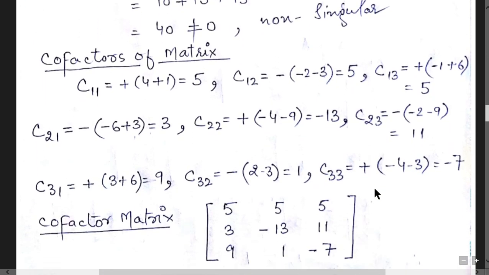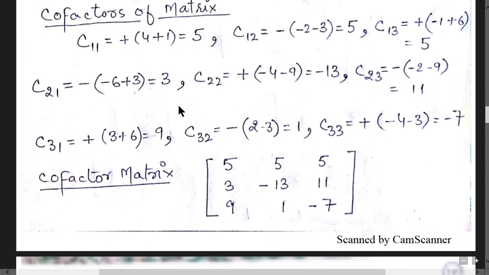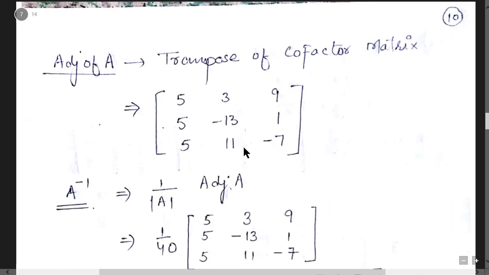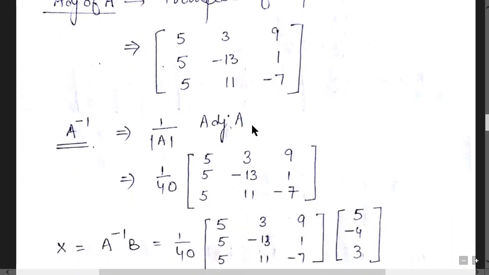Then calculate all the cofactors. After the calculation of the cofactor matrix, you can find out the adjoint by taking the transpose of the cofactor matrix. Then adjoint A, when divided by modulus of A, will give us the value of A inverse.